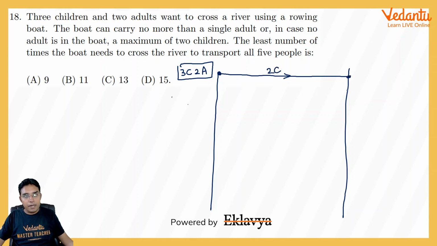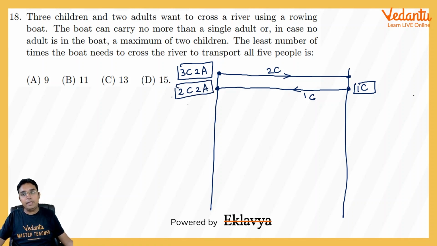But then 1 kid has to bring back the boat. So effectively, now I am having 1 kid here. And after doing these 2 rounds, I am having 2 kids here and 2 adults here. So effectively, in 2 rounds, I have sent 1 kid there.